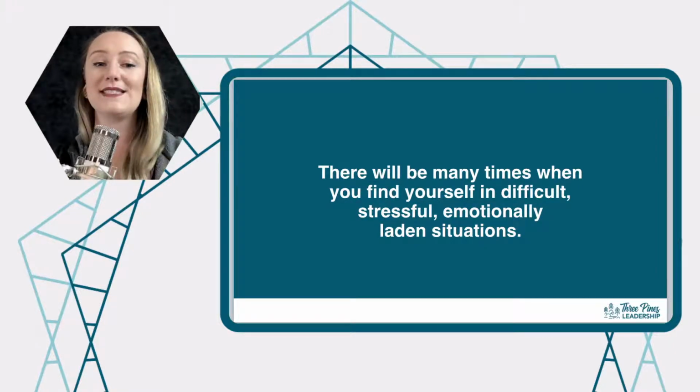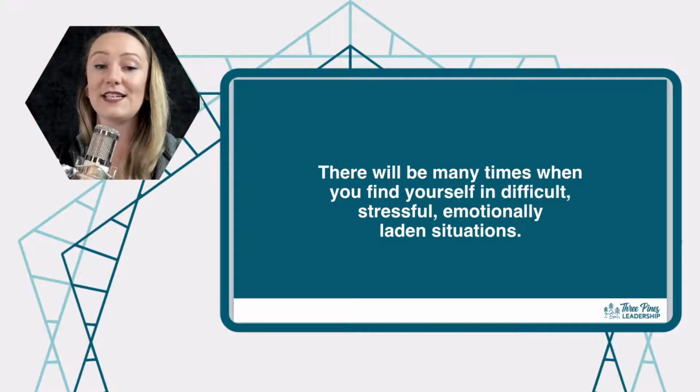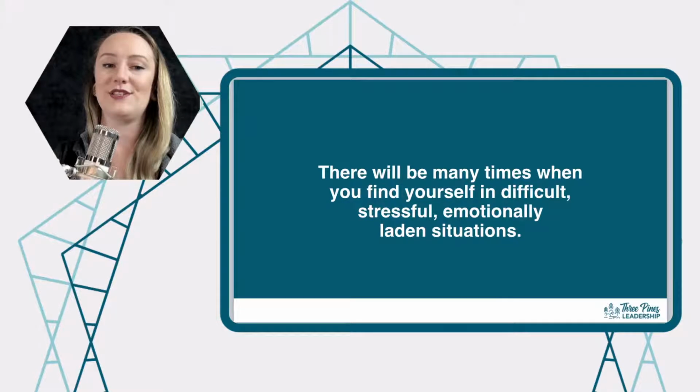And in those moments, it's essential that you be able to understand why you're feeling a particular way and then respond appropriately. If you simply fly off the handle and explode emotionally, you'll lose the respect and the trust of those under you. You must be able to manage your emotions appropriately and handle emotionally difficult situations.